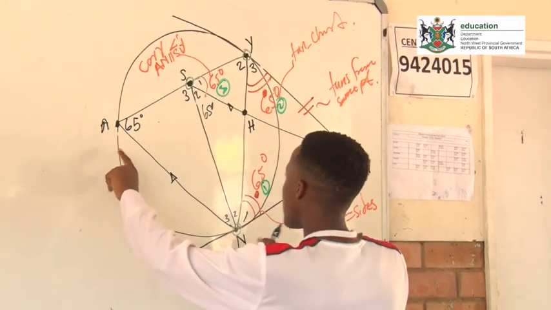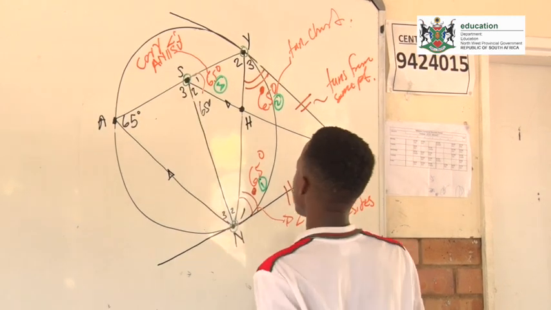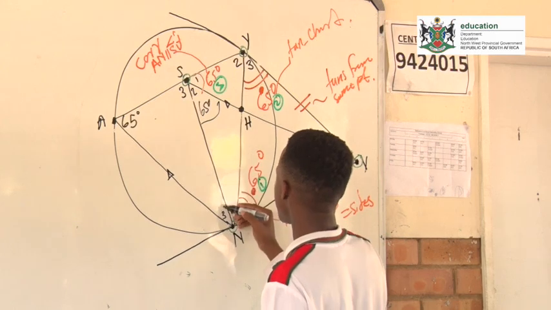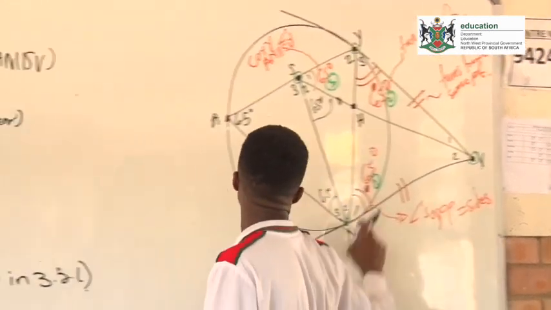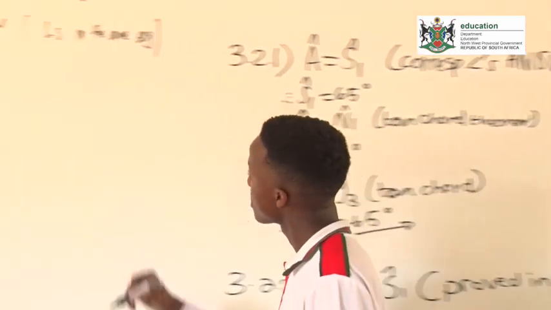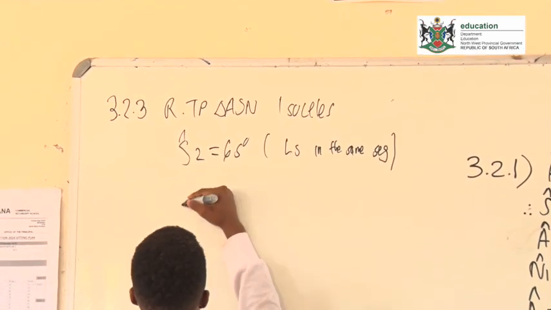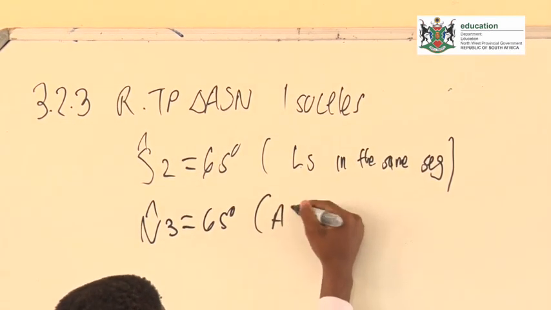So I'm going to look for N3 using alternate angles. We know that we're given the parallel lines AN and SB. So these two are alternating, S2 and N3. Therefore this is 65 degrees. And we have to mention the parallel lines. So angle N3 equal to 65 degrees.